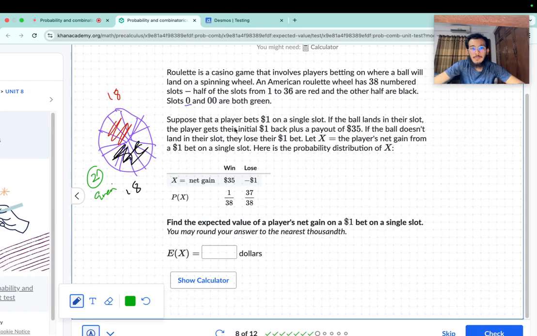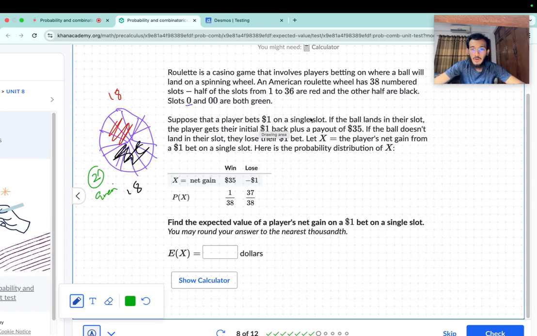Suppose that a player bets $1 on a single slot. If the ball lands in their slot, the player gets their initial $1 back plus a payout of $35. If the ball doesn't land in their slot, they lose their $1 bet. Let x be the player's net gain from a $1 bet on a single slot.